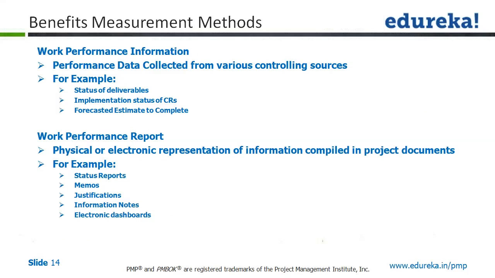The second thing is work performance information. Work performance information means the performance-related data which has been collected from various sources in the project. It could be a forecast.